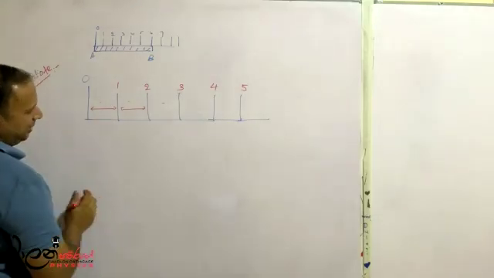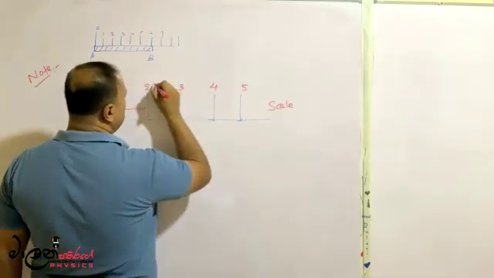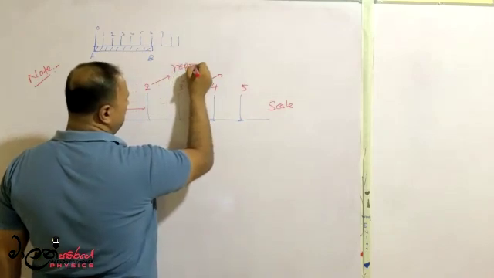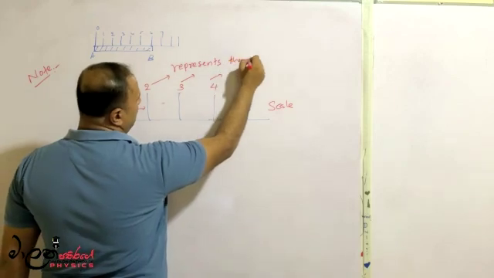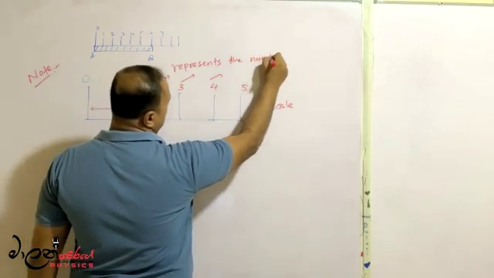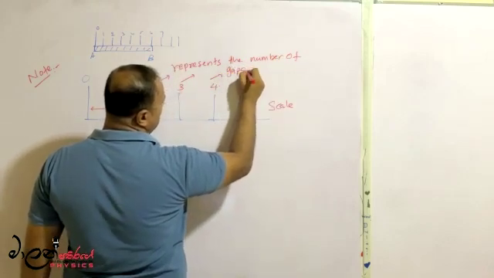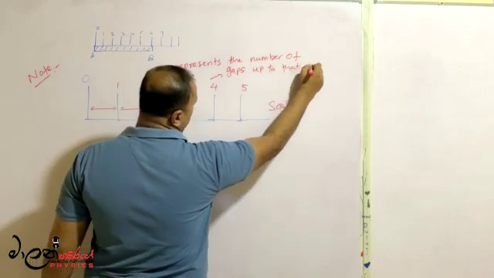This is the scale. So this value represents the number of gaps up to that point.